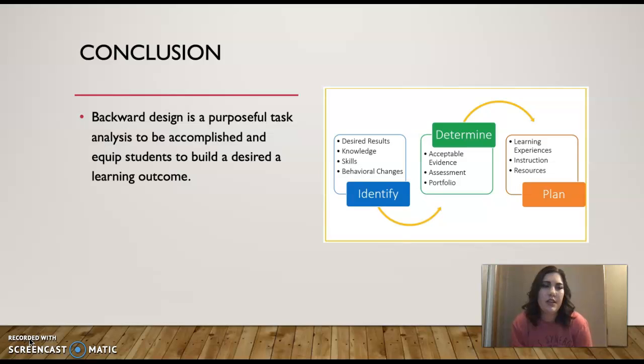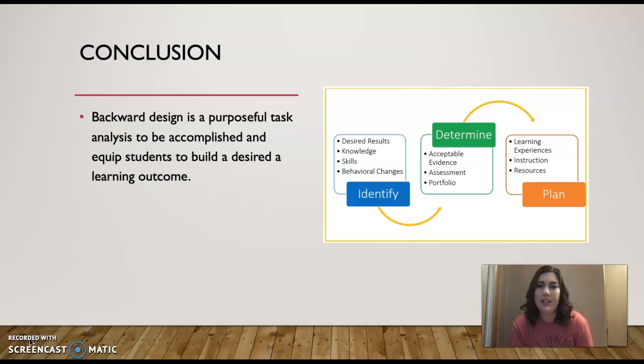So in conclusion, the backward design is a purposeful task analysis to be accomplished and equip students to build a desired learning outcome. And over here on this chart, it starts with Stage 1, 2, and 3 that we talked about. Stage 1 is to identify your desired results, your knowledge, skills, and behavioral changes.